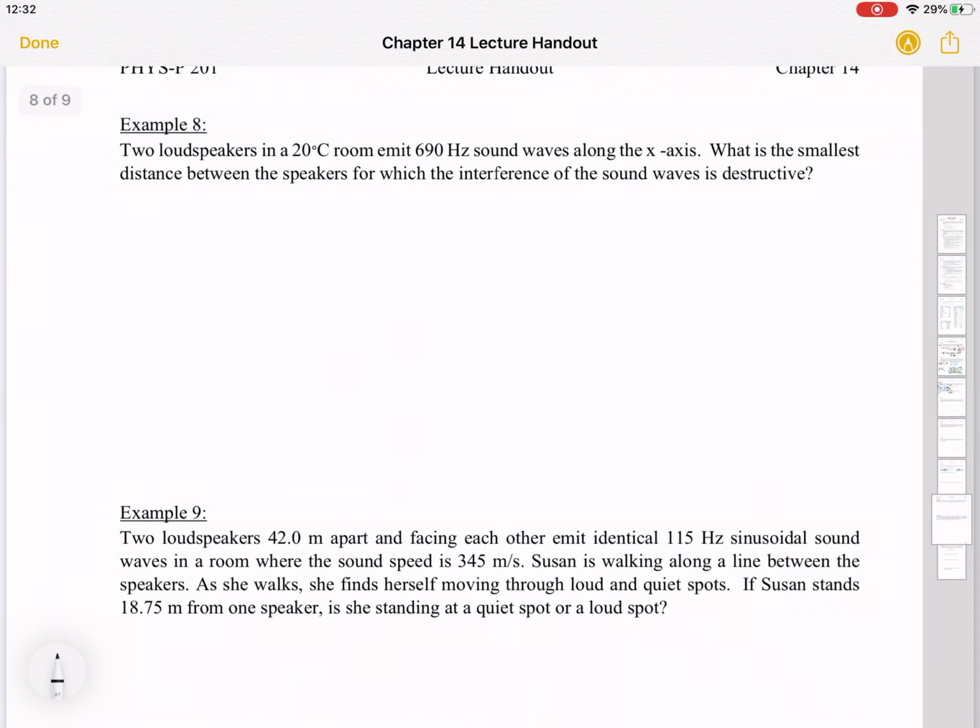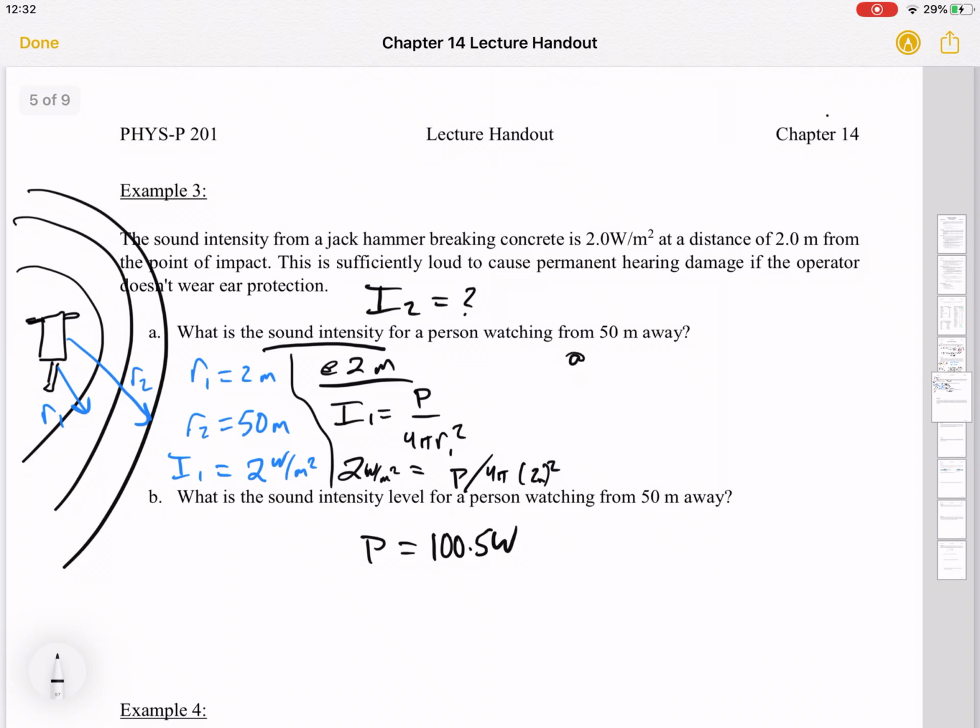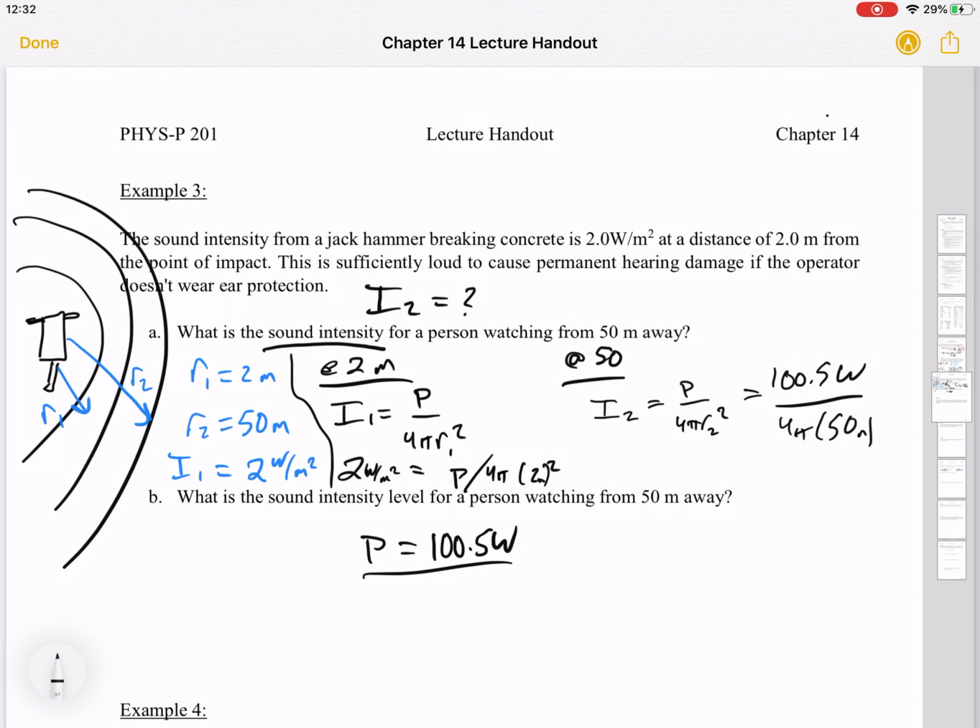And now I can say, at 50 meters, intensity 2 equals power over 4 pi R2 squared. So that 100.5 watts is what I'm going to plug in for the power. So that's 100.5 watts divided by 4 pi times 50 meters squared. And what I get for that is 3.2 milliwatts per square meter.